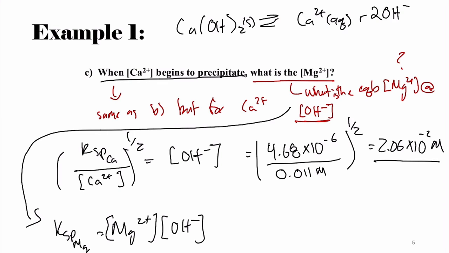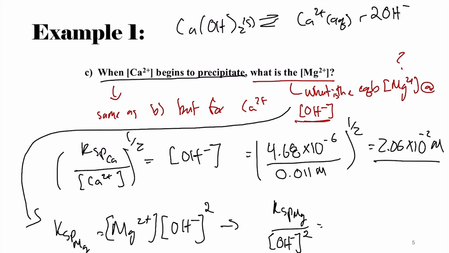Now we've added so much OH minus that the equilibrium has shifted, right? But we know what the equilibrium concentration of OH minus is because we just solved for how much we've actually added to solution. So all we have to do is divide both sides by OH minus squared. We get KSP of magnesium over OH minus squared.